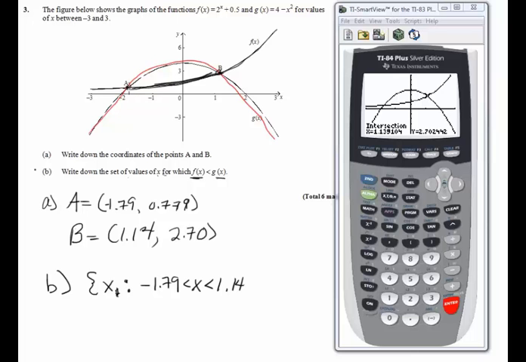Basically, between negative 1.79 and 1.14, function f is less than function g, and it's those set of values. If you don't use this set notation, and just write down negative 1.79 less than x less than 1.14, you should get the marks. And that is question 3.